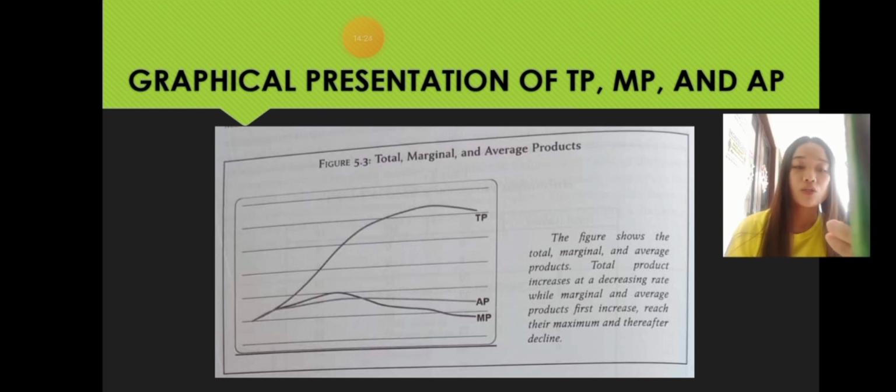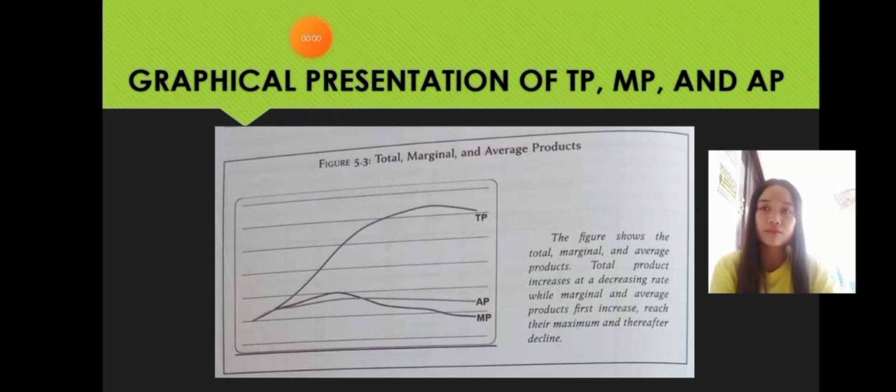As we can see in figure 5.3, the total product curve rises as additional labor is added, holding other inputs constant. However, take note that total product rises by smaller and smaller increments as additional labor is added.